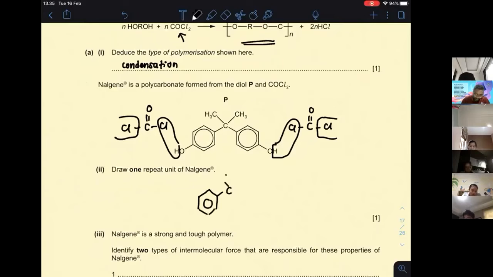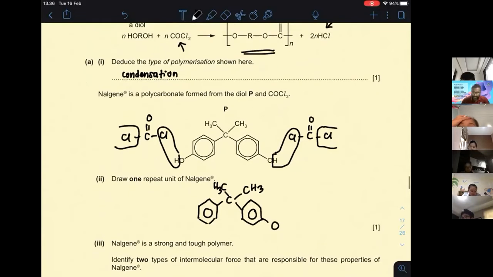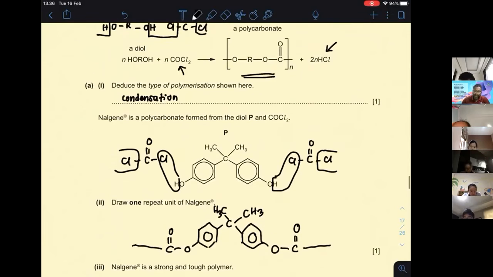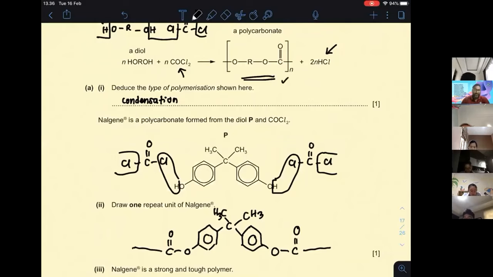CH3, CH3, O. Now this O will be connected to C double bond O, then there is one part. So here at this side, they are supposed to have O connected also with C double bond O, then another part. But when you want to draw one repeat unit, it is better to look at this structure here. This is one repeat unit.